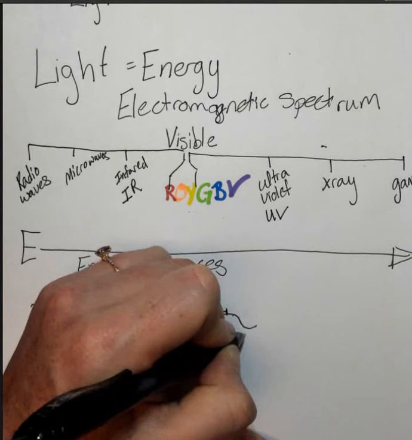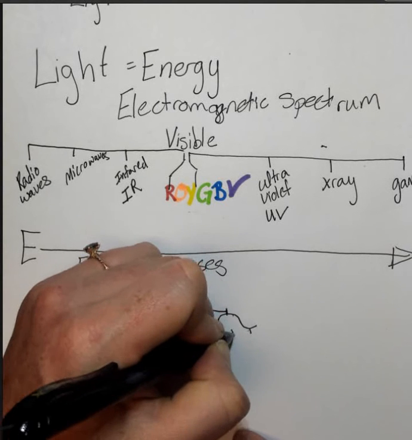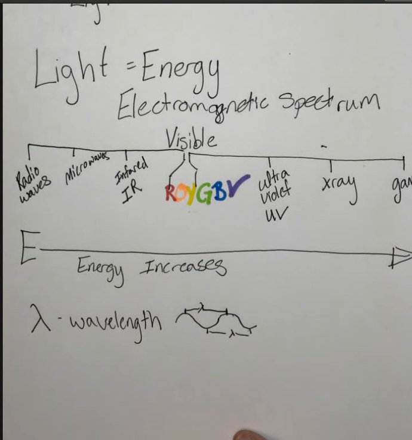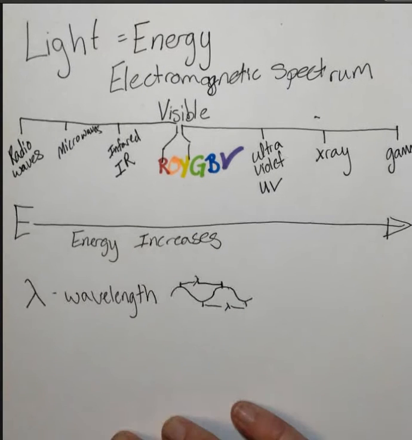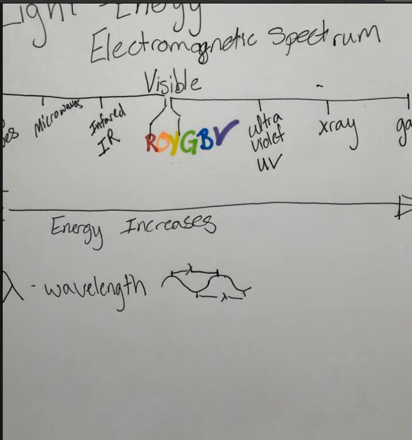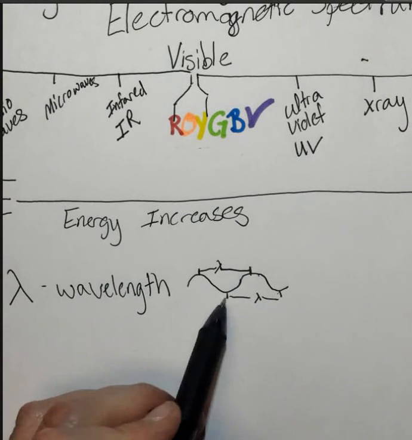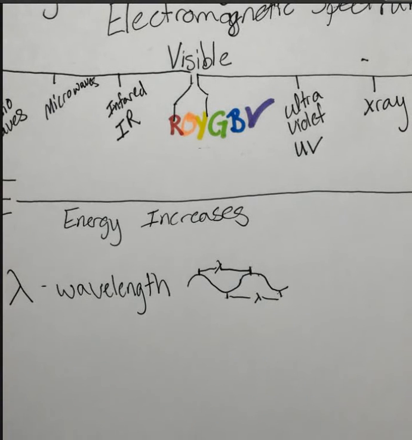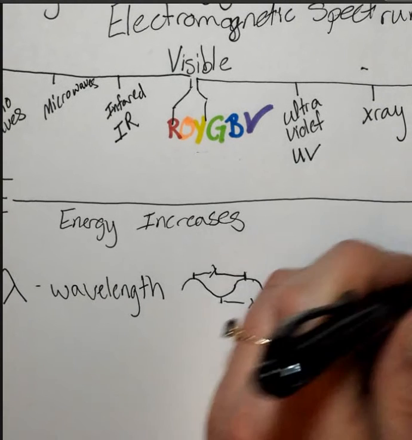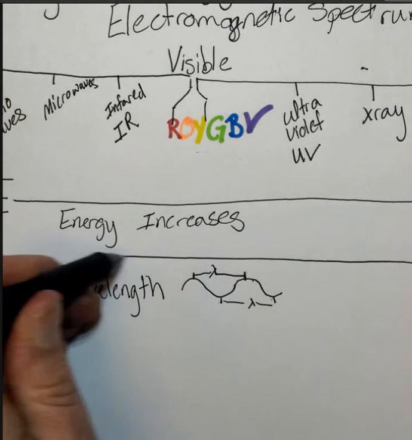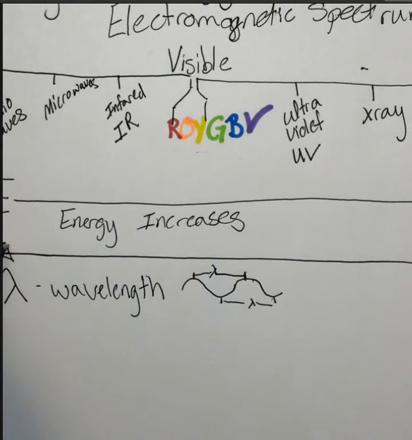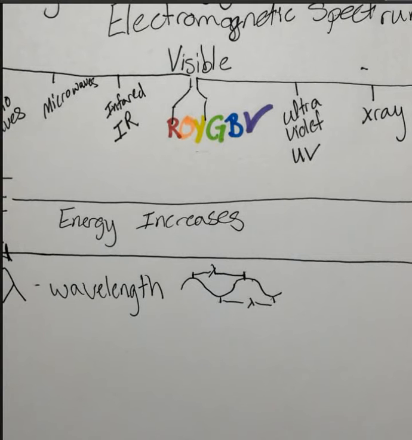So from the top to the top or the bottom to the bottom. That's a wavelength. Alright, so in a wave, from top to top or bottom to bottom is a wavelength. And the wavelengths actually change, increasing, going this way. So that means the bigger the wave, the smaller the energy.